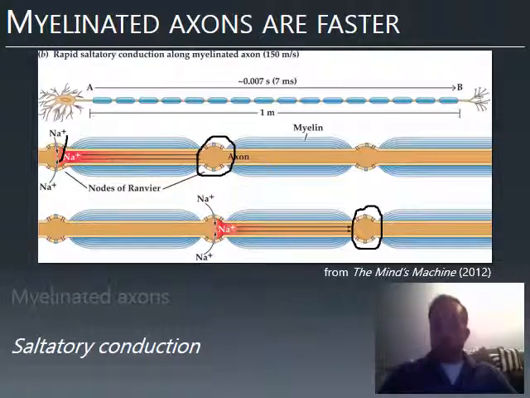Saltatory, not from salt, but from the word to jump. So the change in potential is really jumping from one of these nodes to the next one. And it happens very, very quickly. This sort of impulse can travel 150 meters a second as opposed to 10. So it's a much faster impulse. You can transmit information much faster, which is great for things like reflexes or muscle movements.